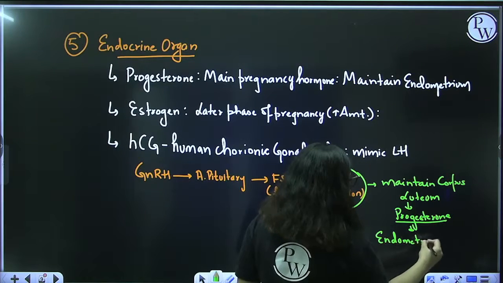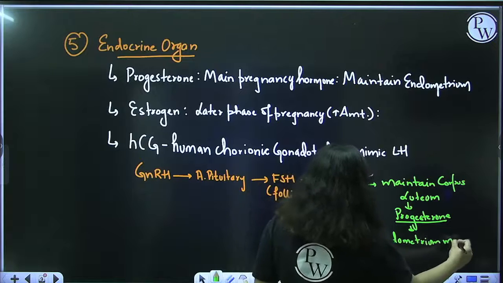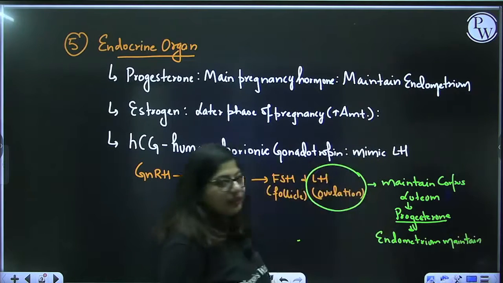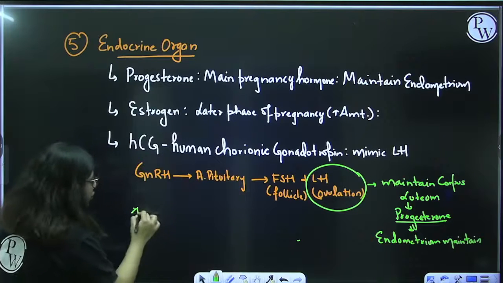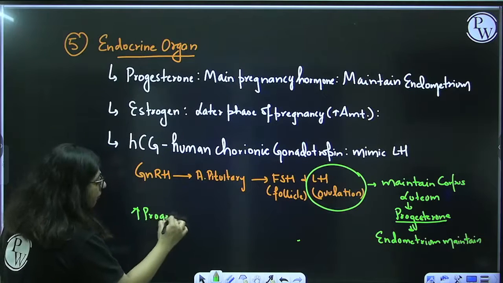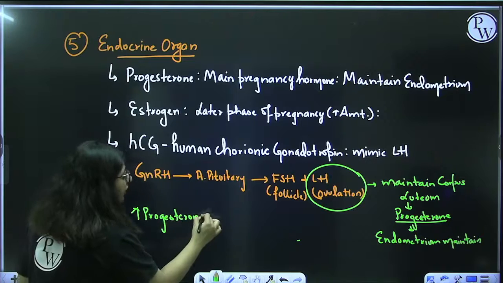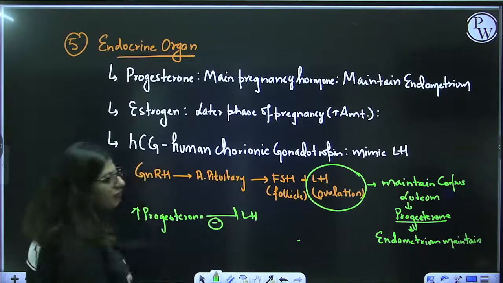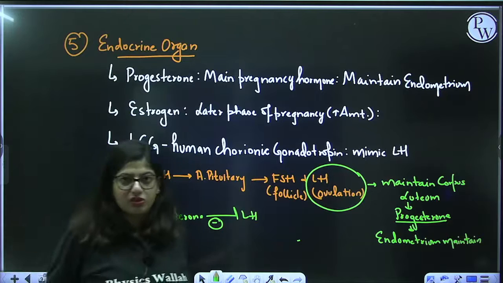And if progesterone is there, the endometrium will be maintained. Now, LH has that property, whenever there is progesterone in high amount, it will definitely inhibit LH. It will give negative feedback to LH. This is what happened in the menstrual cycle.